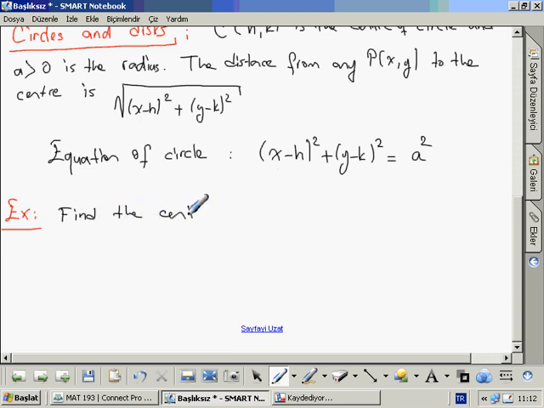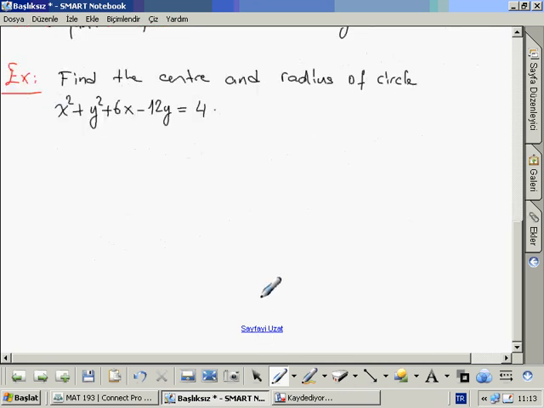Find the center and radius of the circle x squared plus y squared plus 6x minus 12y equals 4, and let me solve that.